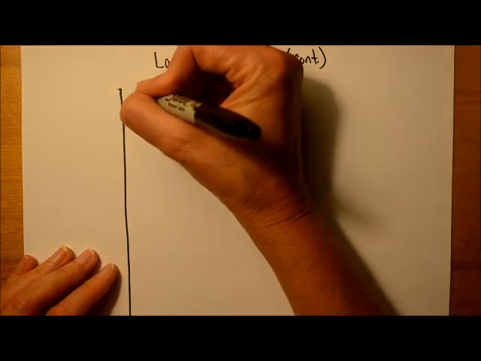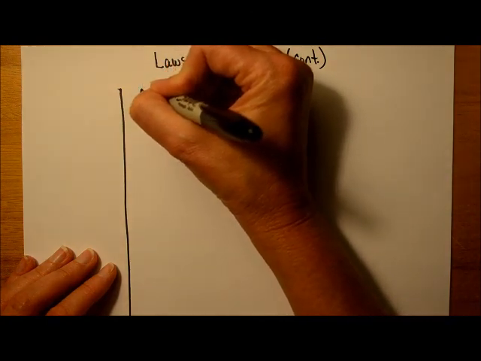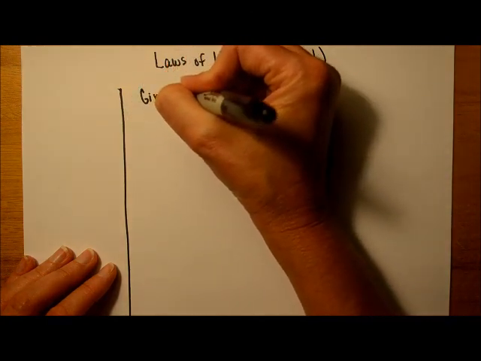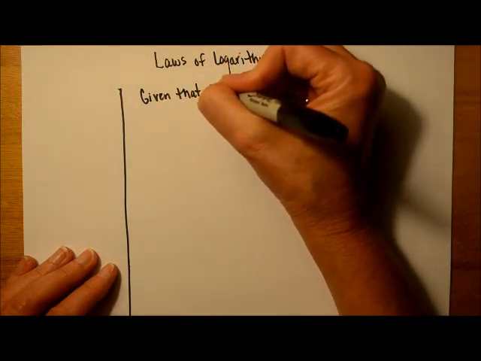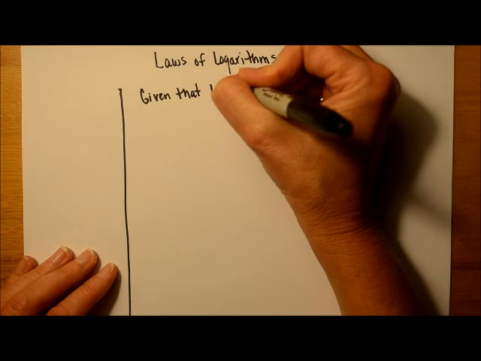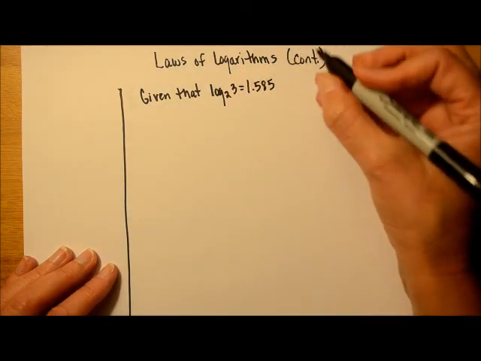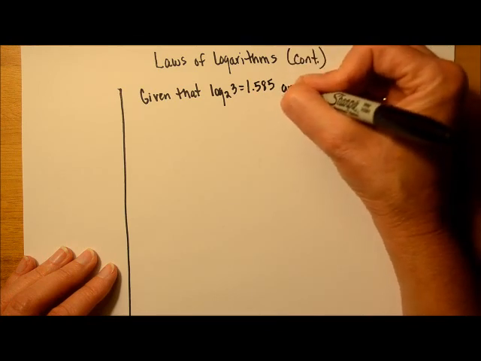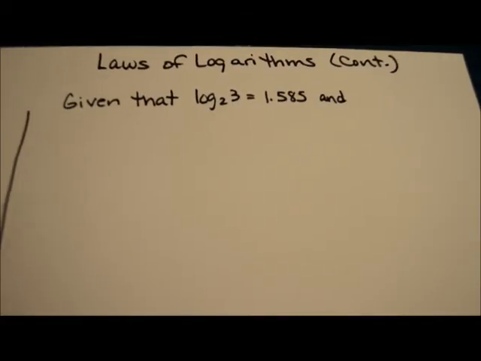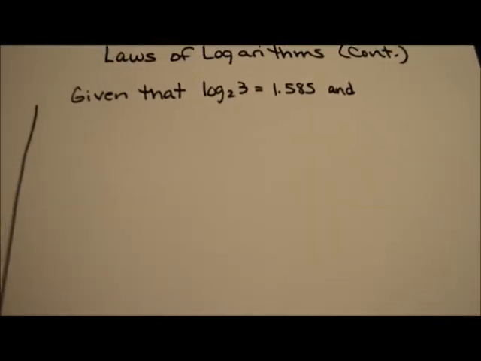Here's some instruction. Given that log base 2 of 3 equals 1.585, because they do equal a number, right? I should show you that on the calculator. Okay, this one particular piece cut out on my video.